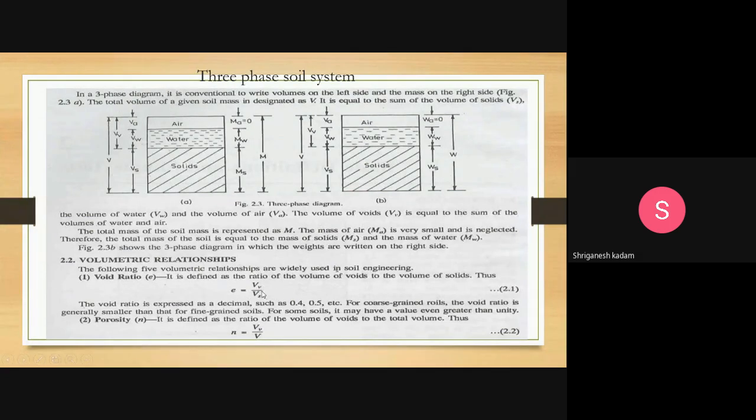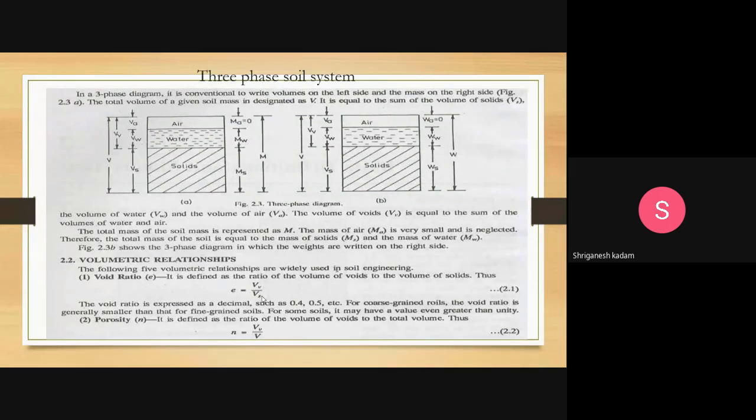And it is expressed in decimal, maybe 0.4, 0.5, 0.6, 0.7, maybe sometimes 1.1, 1.2, like that. So it has no unit because it is the ratio of volumes. Okay, so this is the first definition, void ratio. Notation is small e, volume of void divided by volume of soil solids.